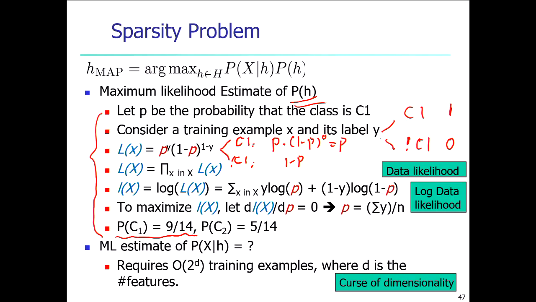If we directly do it without any assumptions, basically we would need to see all the possible X. Even if we assume that the number of distinct values for each attribute is 2, we would need 2 to the power of D training examples, where D is the number of features.